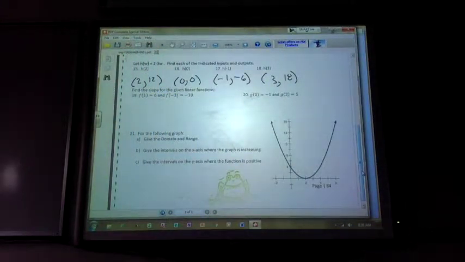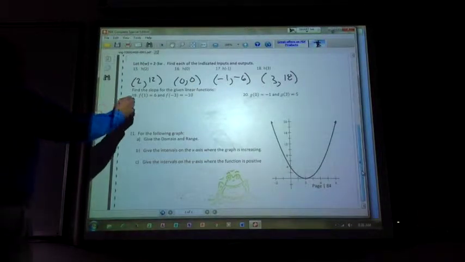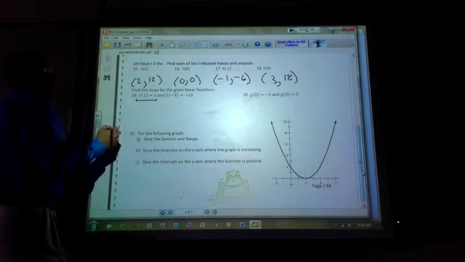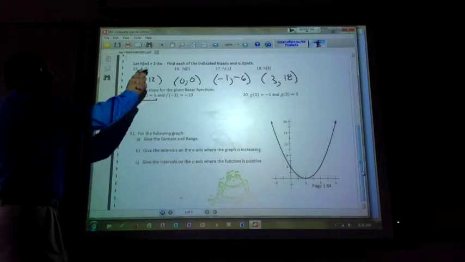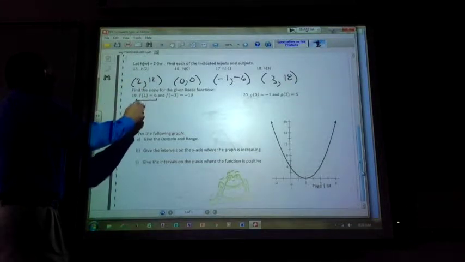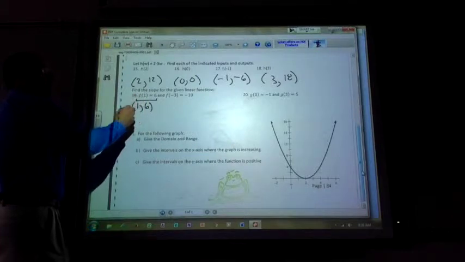Okay? Now, these next ones, notice what I did above. I made a point out of those. So what point is this right here? 6, 16. Okay, remember, this is the input, which is the x.